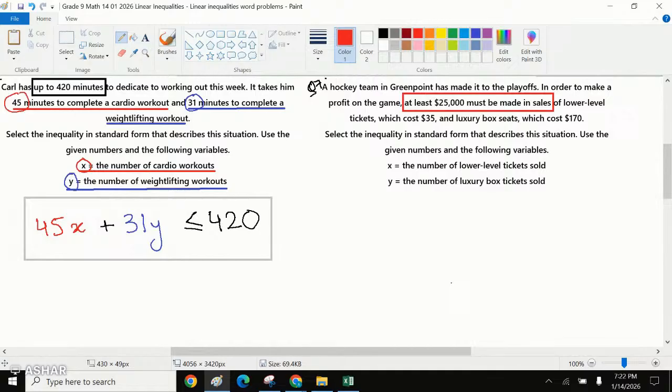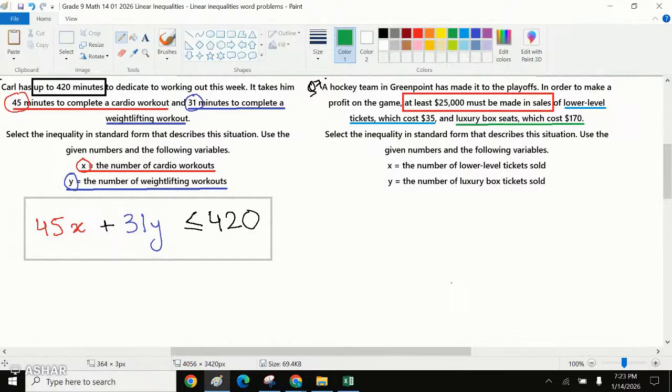Lower level tickets cost $35 per head, and the luxury box costs $170 per head.